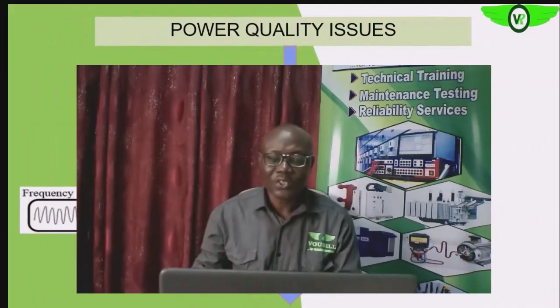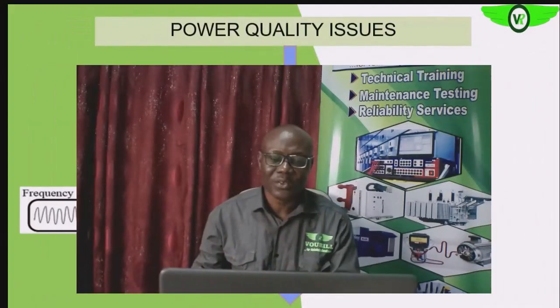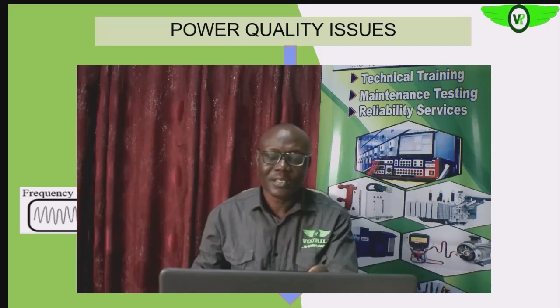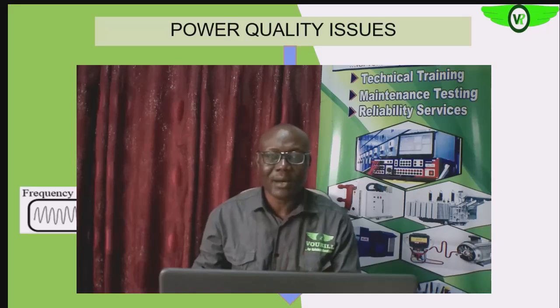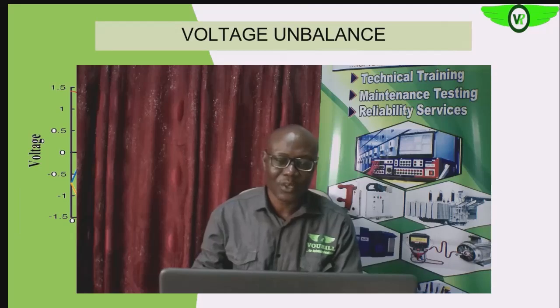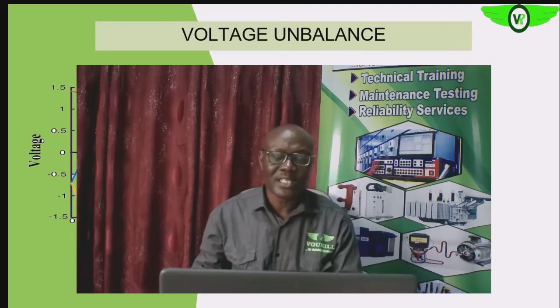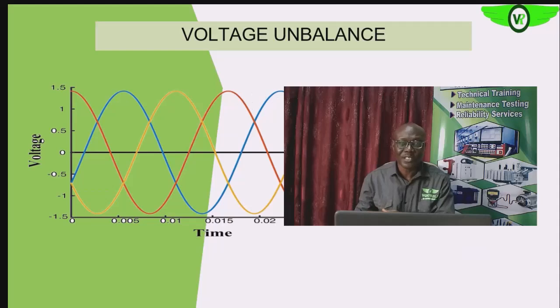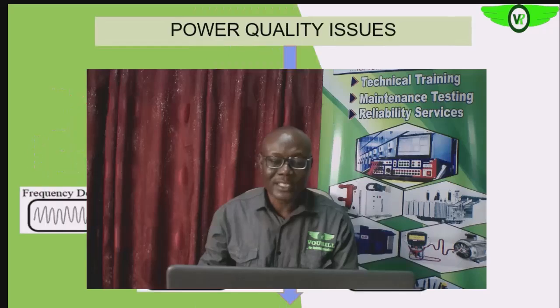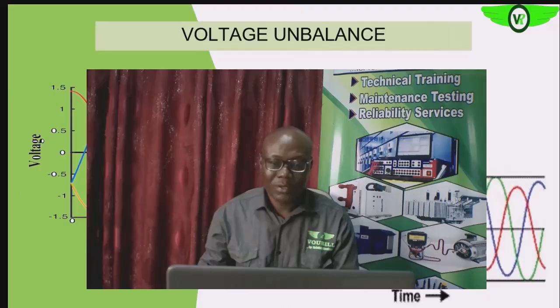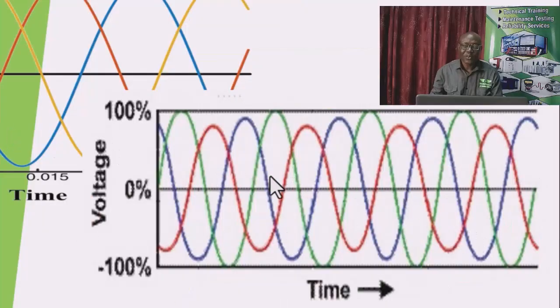So let us look a little bit in detail at the unbalance and the harmonics, as we said earlier. We said it is balanced when the magnitude of all the phases at all times are equal. It becomes unbalanced when they are not equal, as you can see on this diagram to the right.